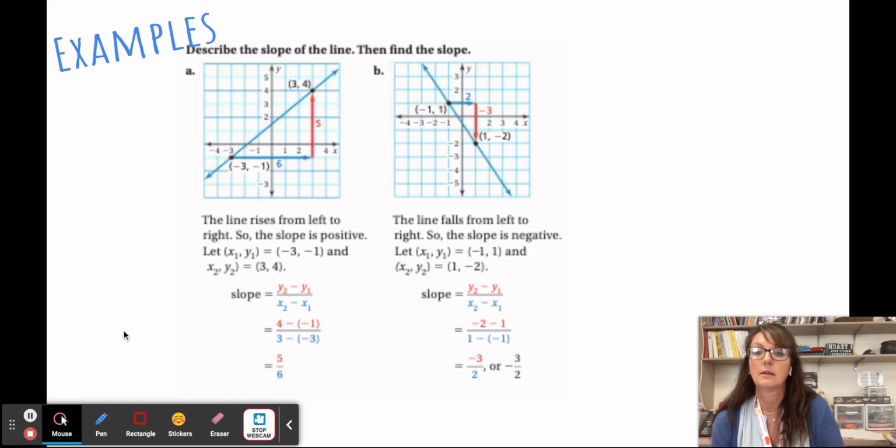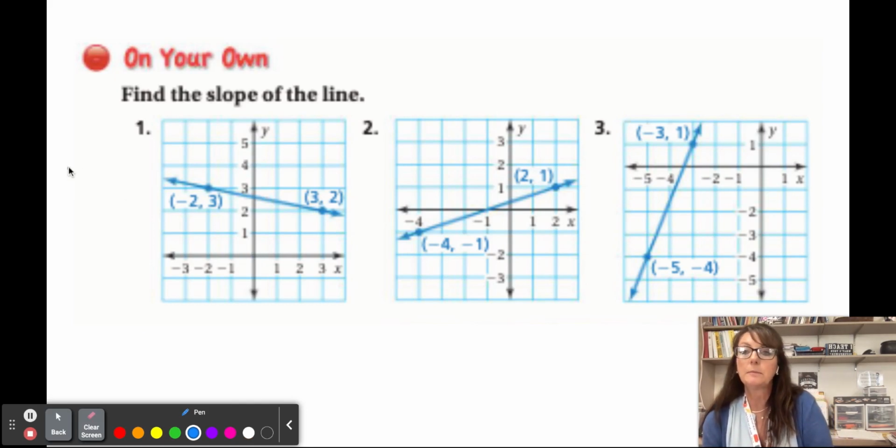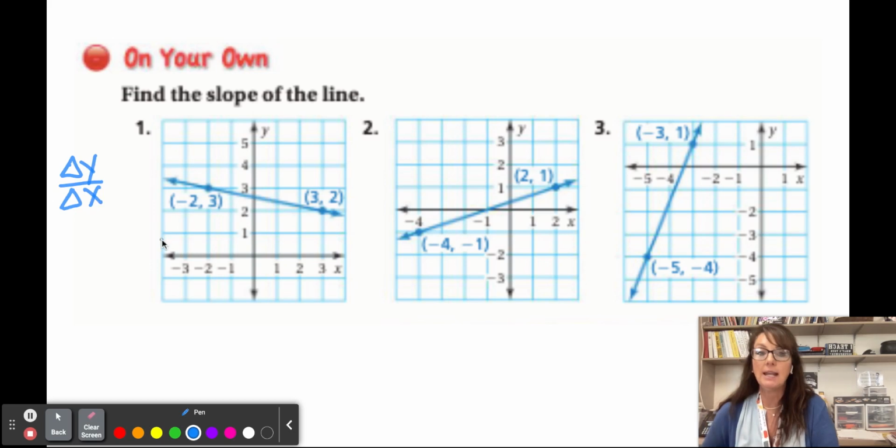Okay. So let's do this. Let's find the slope. Okay, so again, rise over run. Change in y, we'll use this little triangle to kind of mean the change. So that's kind of what that means, the change in y over the change in x. So you'll see me do that a lot whenever we're talking about slope.